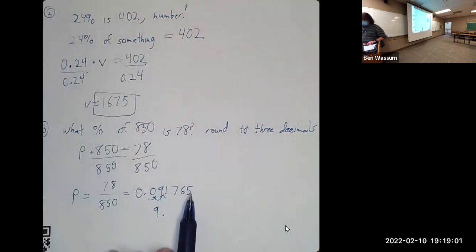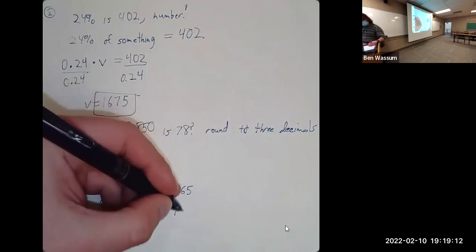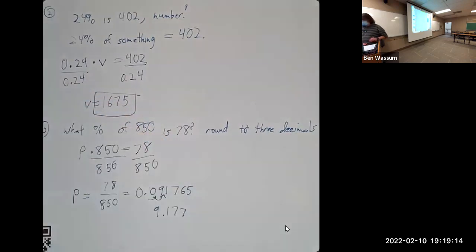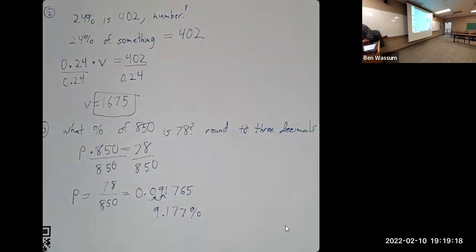So I look at the digit after it and I say, okay, the digit after it is 5, which means this one's going to round up. So I'd end up with 177. That's after we converted it to a percentage. So 9.177%.